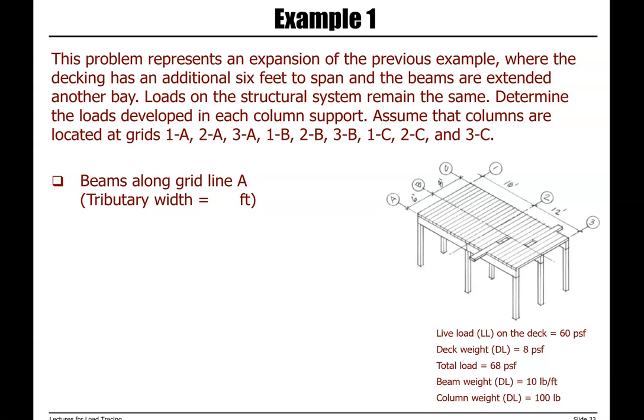The question is asking us to calculate the reactions located at grids 1A, 2A, 3A. So here we have 1, 2, and 3. Here we have A, B, and C. So we have the area. The area is supported with 3 beams, 1, 2, and 3 beams.